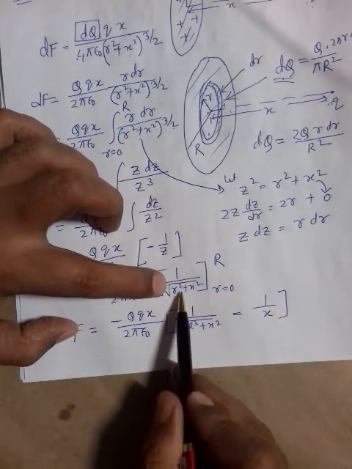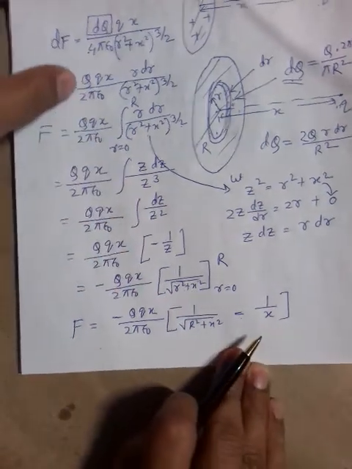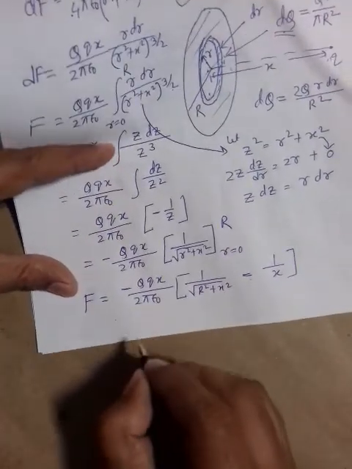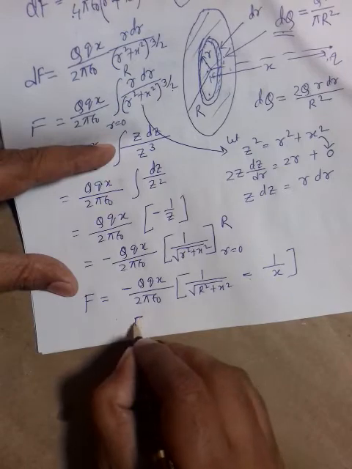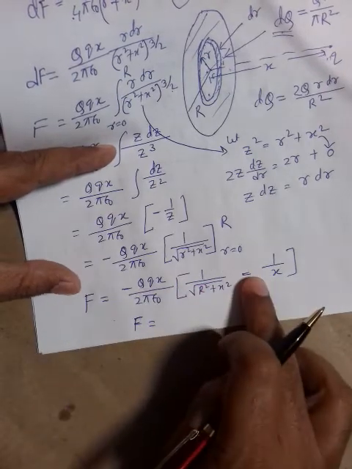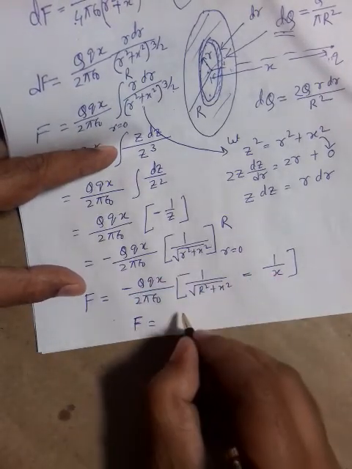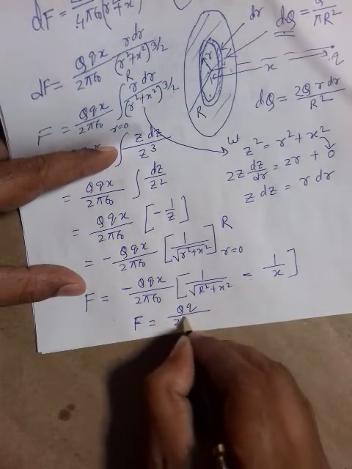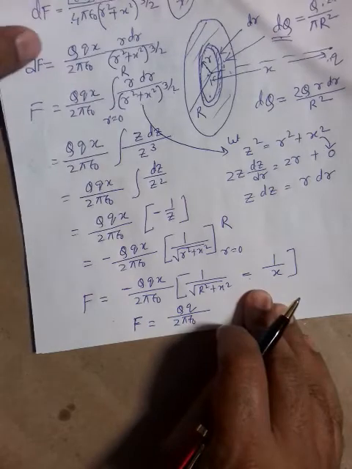Why? When r is 0, the root of x square becomes x. Yeah? It can be further written like this. I want to put the minus inside, and I want to put x also inside. It is capital Q small q by twice pi epsilon naught.